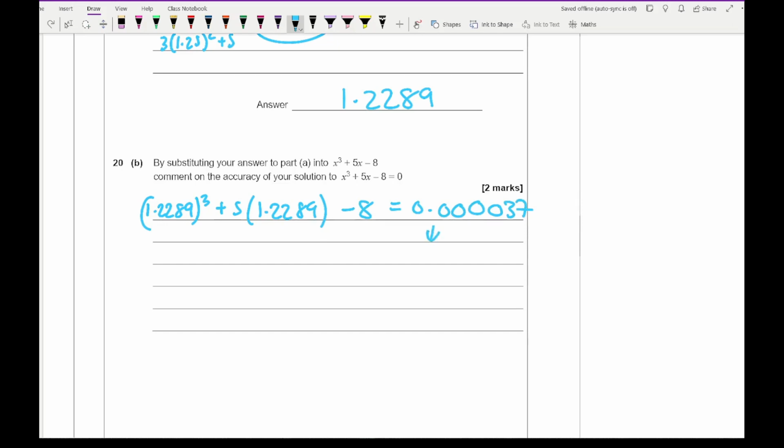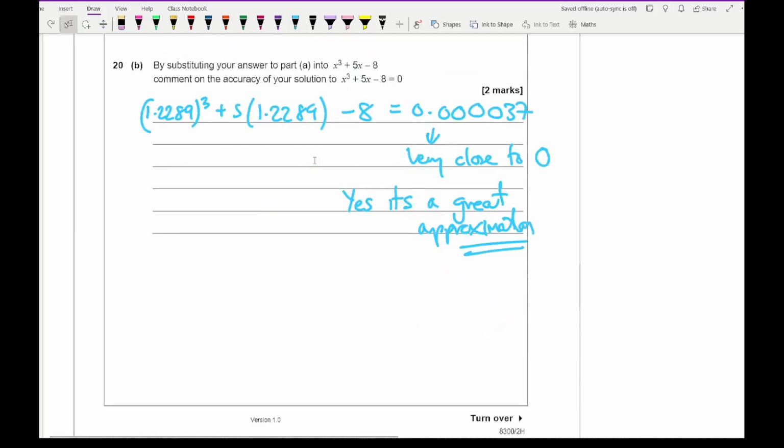That's very close to 0, so it is pretty accurate. So yes, it's a great approximation. So something along those lines would be absolutely fine to get the 2 marks.